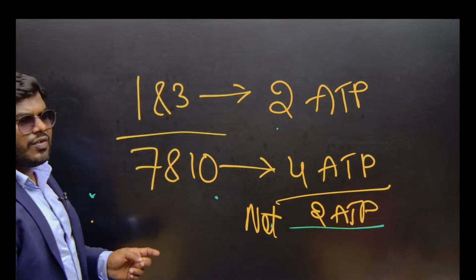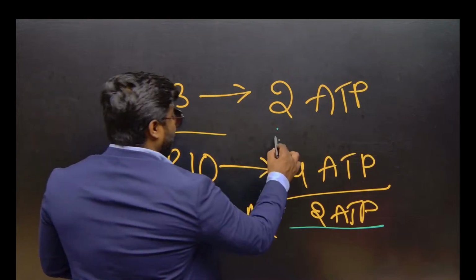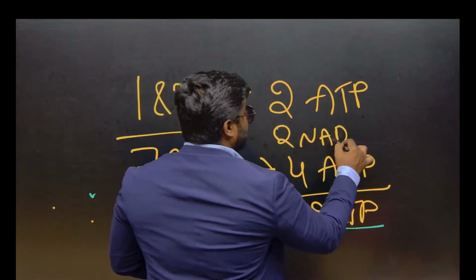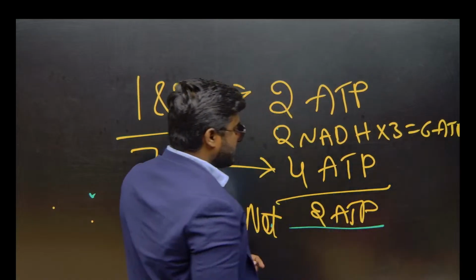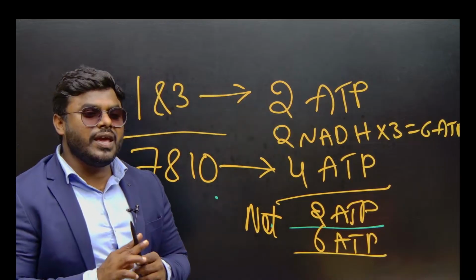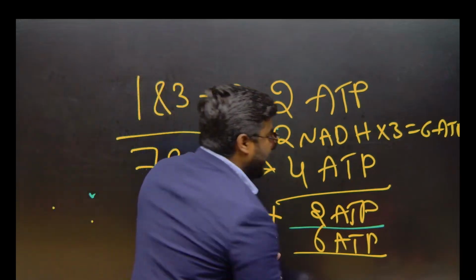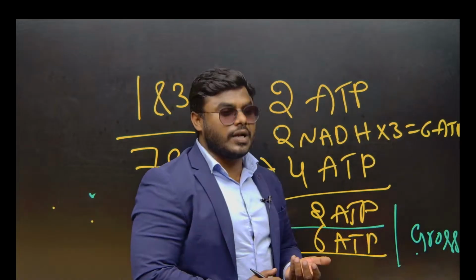But recall everyone, in the 6th step of glycolysis, how many NADH did we produce? 2 NADH. We already discussed that according to our calculation, 1 NADH equals 3 ATP. So we get 6. 6 plus 2? 8. When they use the word 8, it is gross. Gross means total.